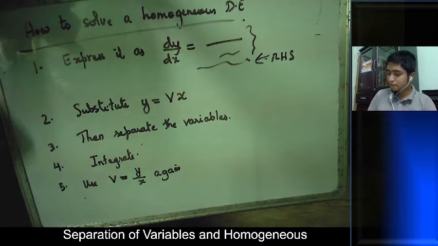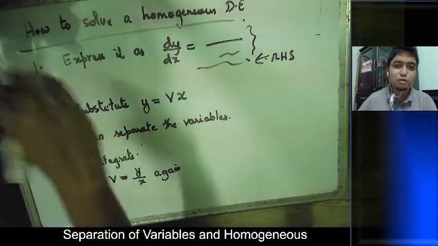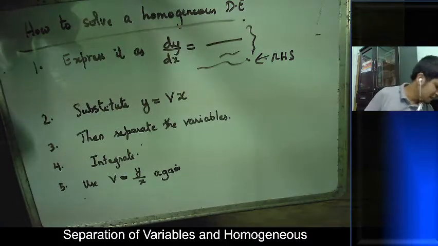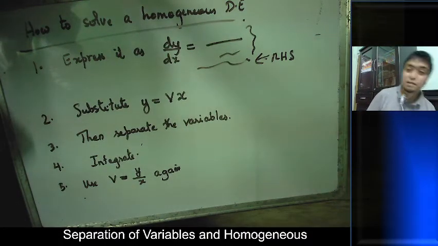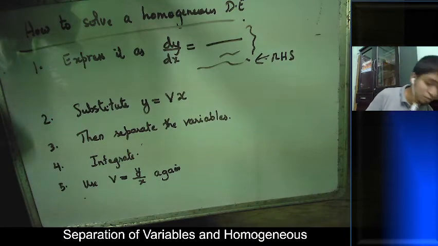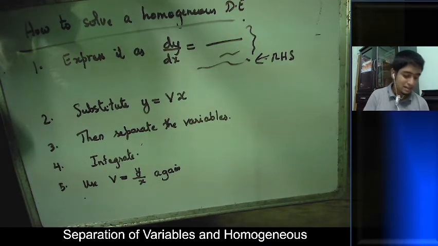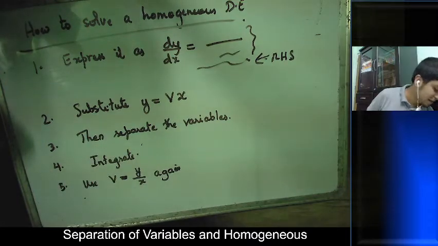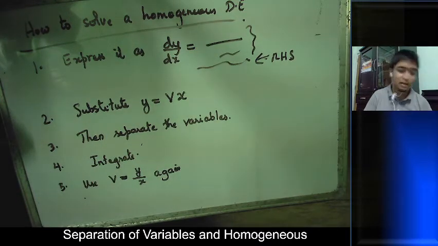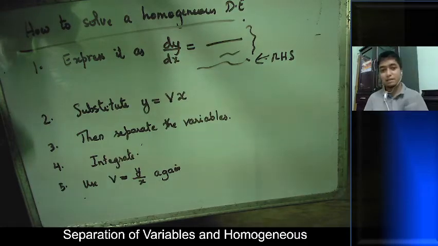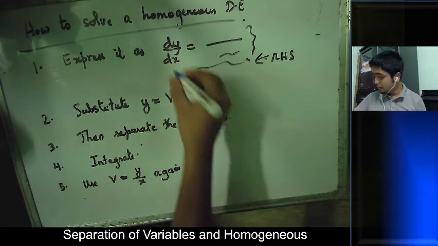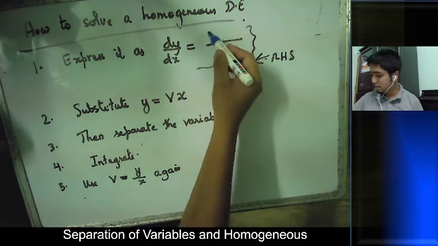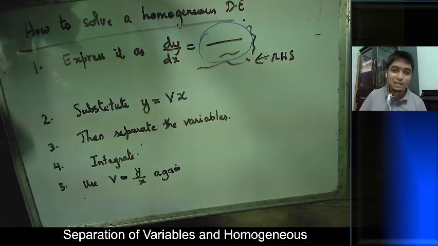This method can only be used for a homogeneous differential equation. But checking whether it is homogeneous or not is actually quite tricky, because we will have to involve lambda and everything. That can be skipped. And here the right hand side will no longer contain a derivative.